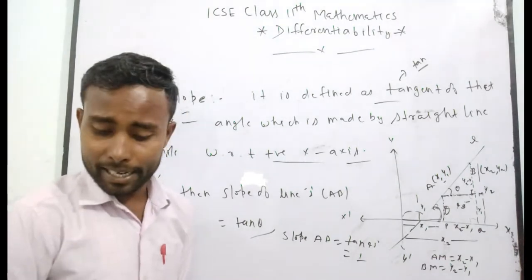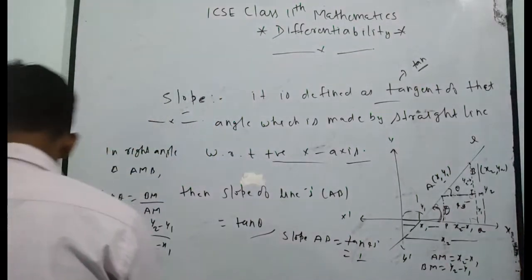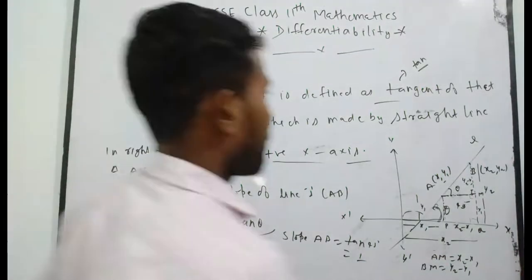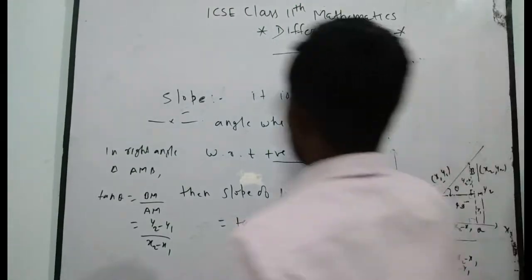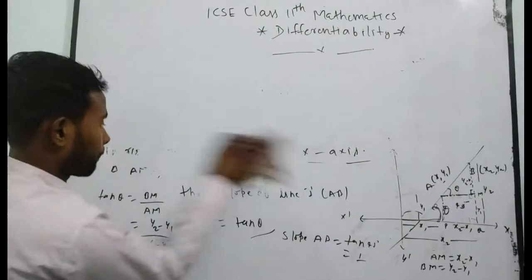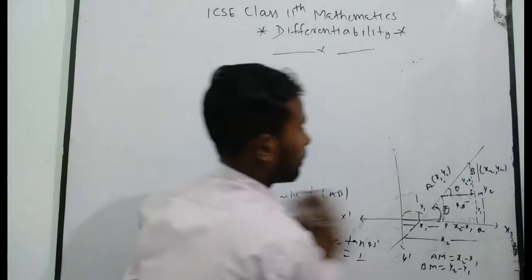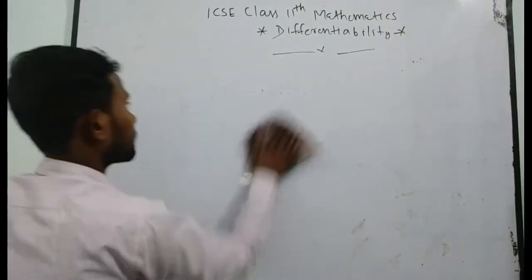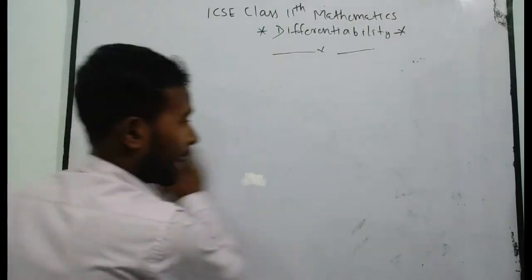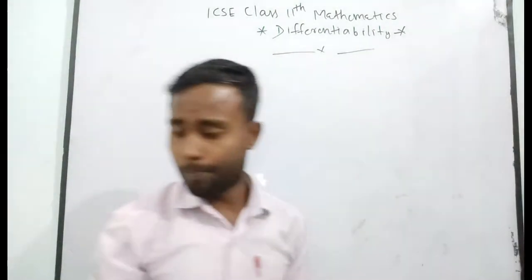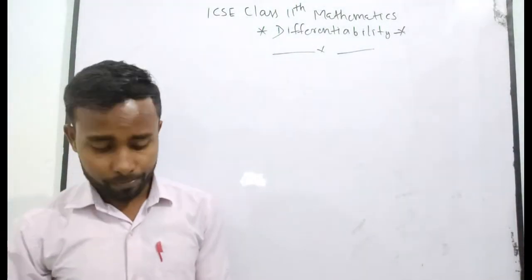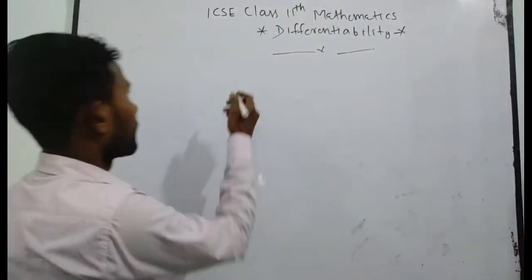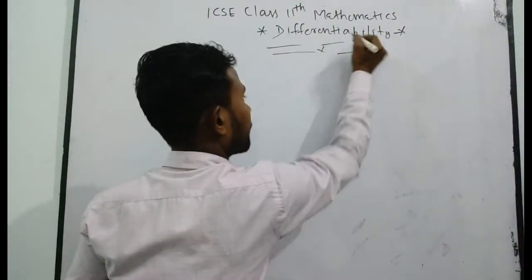If you understand, then I want to go towards the main point of this chapter. What is the actual meaning of slope? Now, my main point is derivative. We have to study differentiability.